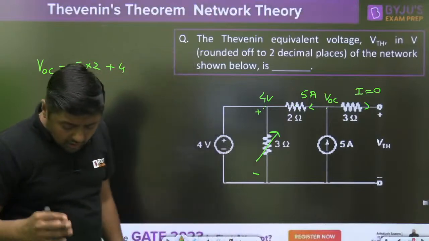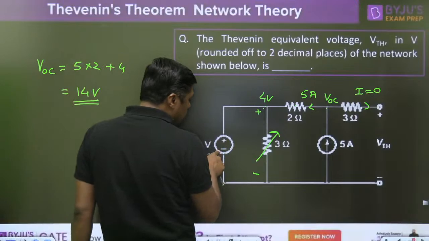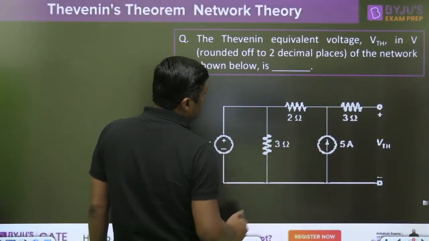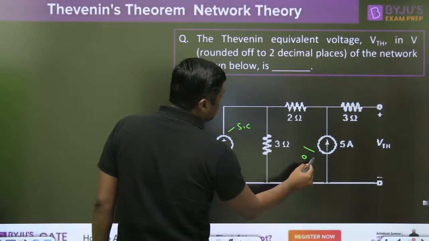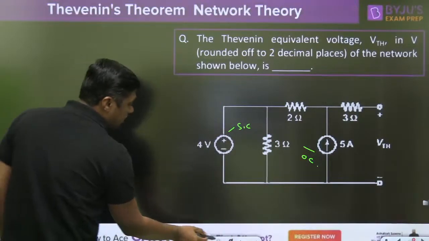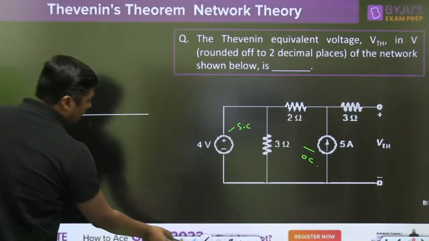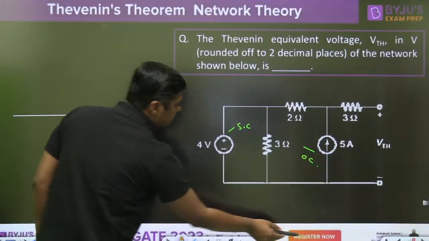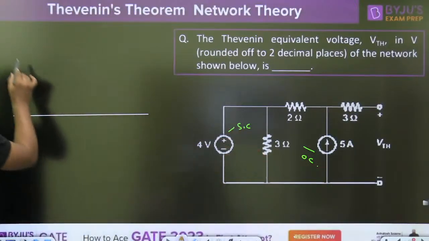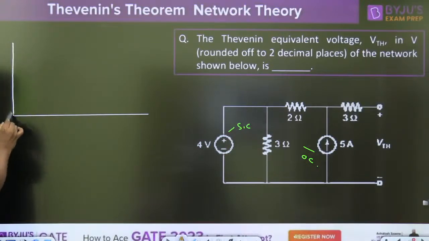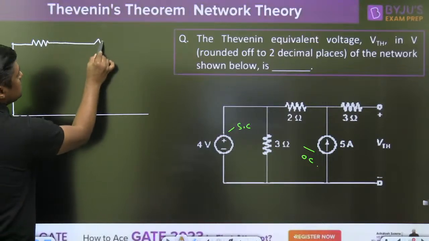Now, how to find the RTH? Because only independent sources are here, make the voltage source short circuit and make the current source open circuit. Very simple question. RTH is required. When I am making it short circuit, the 3 ohm is short circuited. Already it is short circuited, no need to consider. 2 and this is the 3.